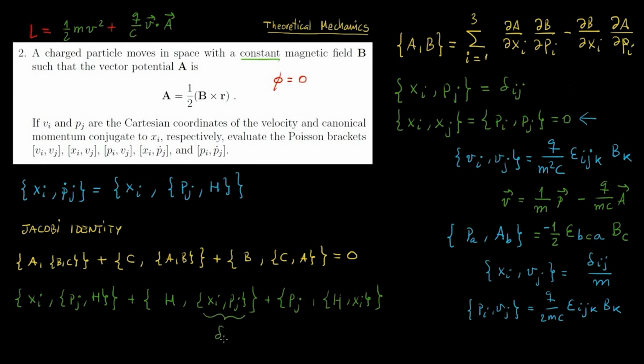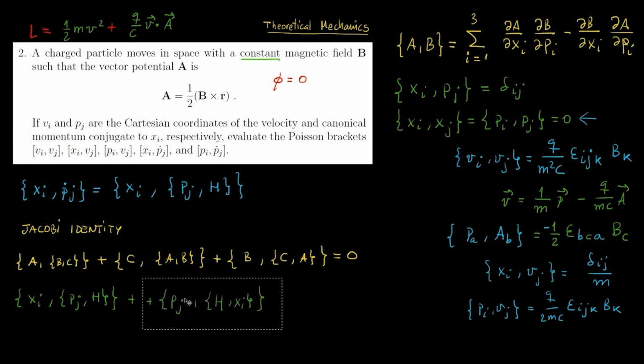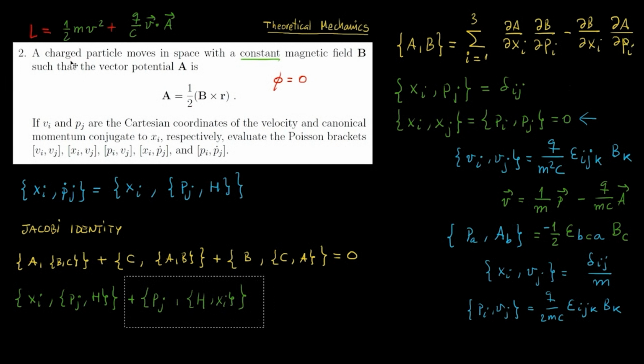This is Kronecker's delta, but this is a constant because the Poisson bracket is defined by derivatives. Then the derivative of a constant is 0, so this Poisson bracket cancels, and this is good news because our life is a little bit simpler than before. But what is this? This is the same as minus {x_i, H}. So let me put here a minus and copy that.